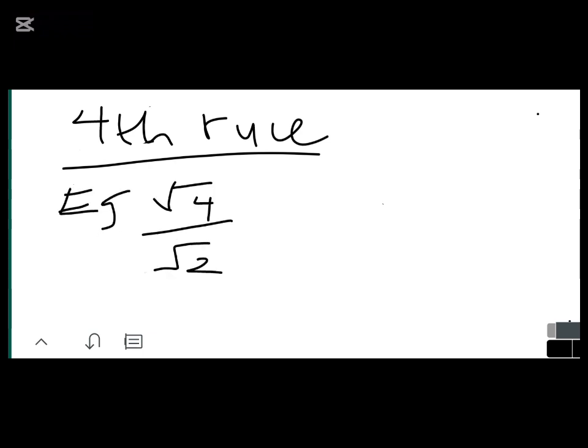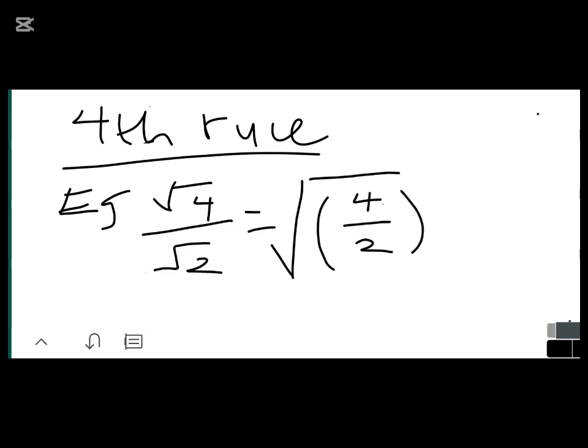Example: square root of 4 over square root of 2 can be written as a big square root of 4 over 2, and this gives us square root of 2, because the 2 cancels the 4 two times. That's the reason why we are getting square root of 2.